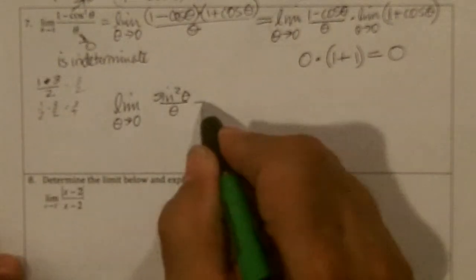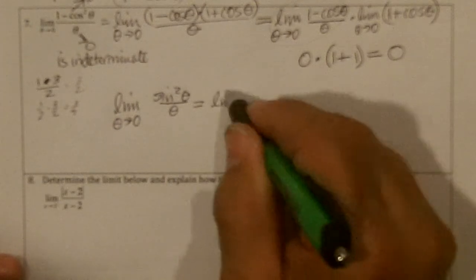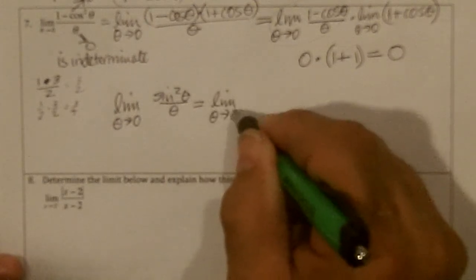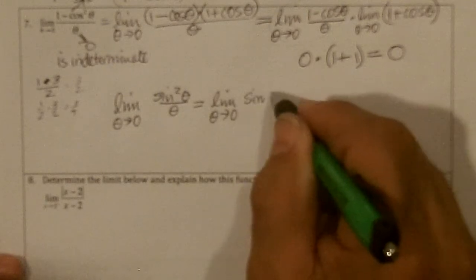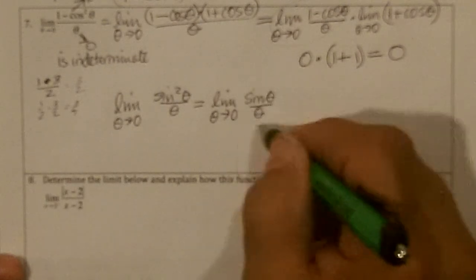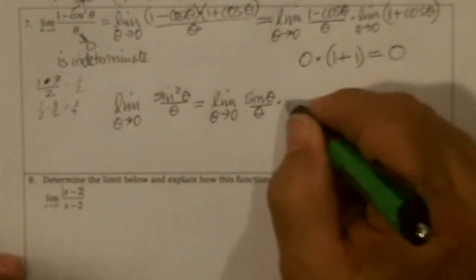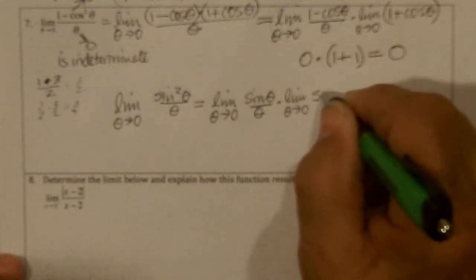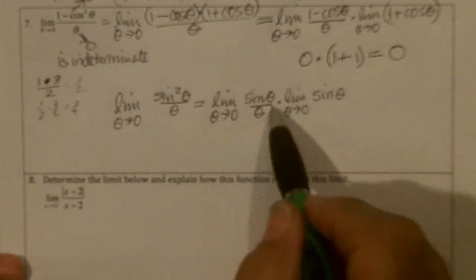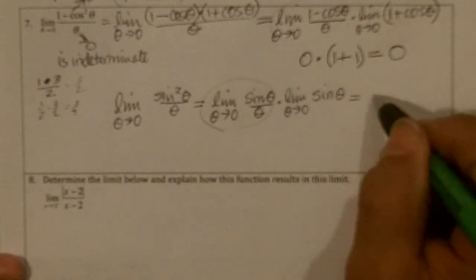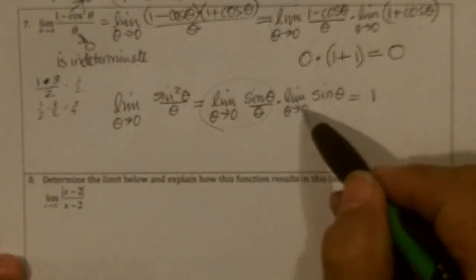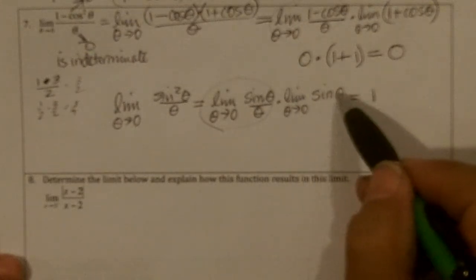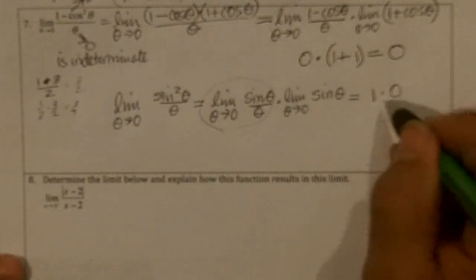So you can't split it up that way, but you can split it into the limit as theta approaches 0 of the sine of theta over theta, which is a special rule, times the limit as theta approaches 0 of just the other sine theta. This, according to the rule, is 1. This is not indeterminate. We can put in 0. Sine of 0 is 0. 1 times 0 is 0.